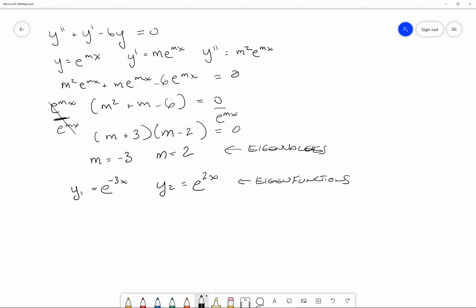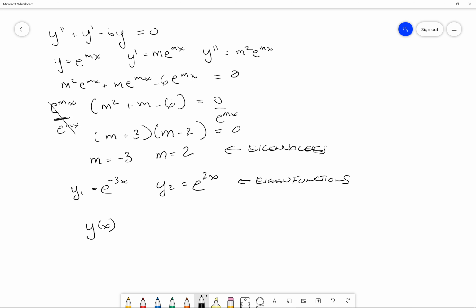Now, these are linearly independent solutions, and here we have two solutions because we have a second order differential equation. Because these eigenfunctions are linearly independent, they can form the basis of the complete solution space.